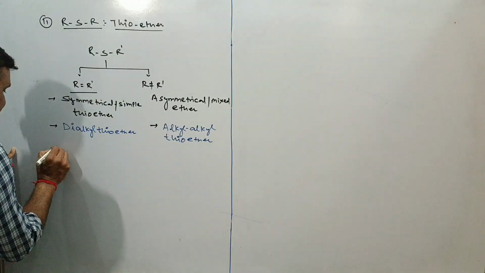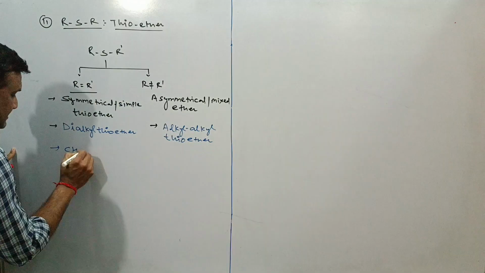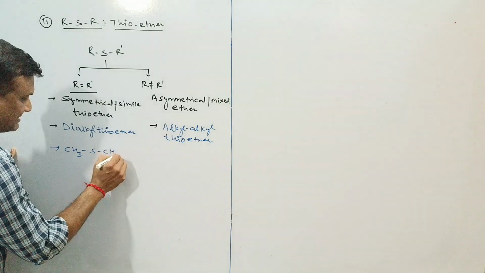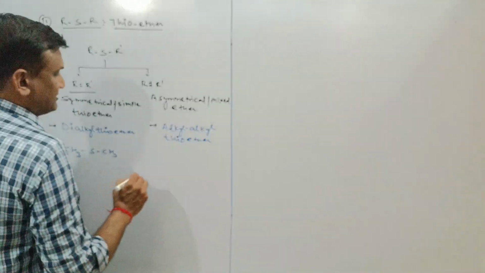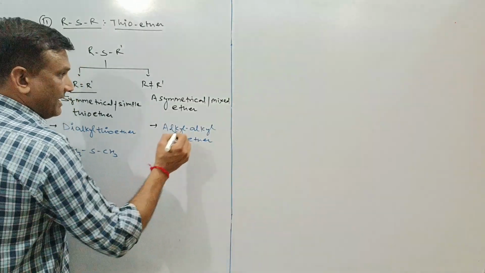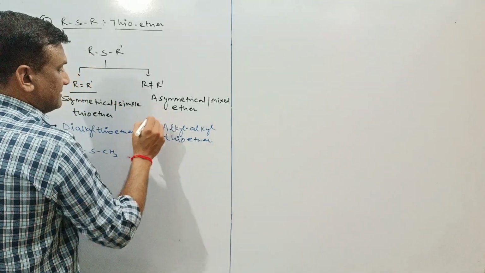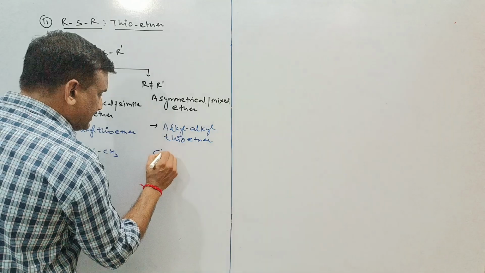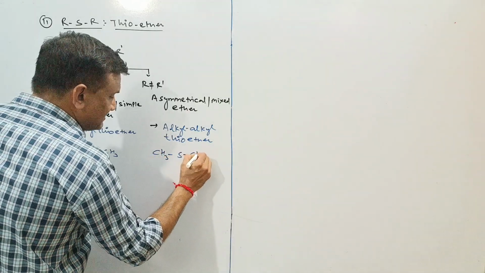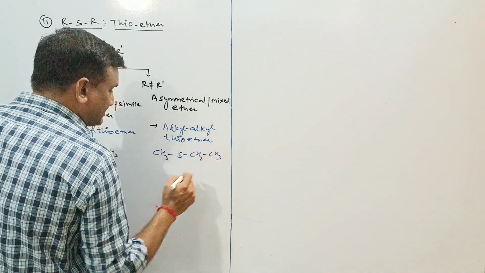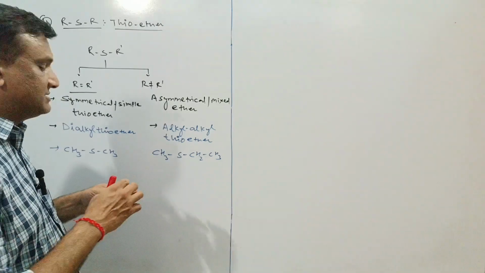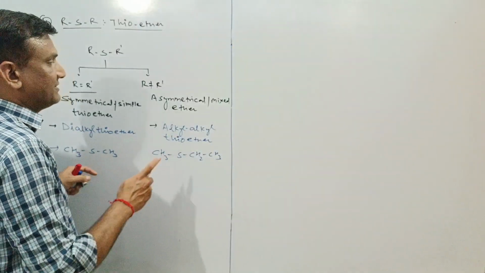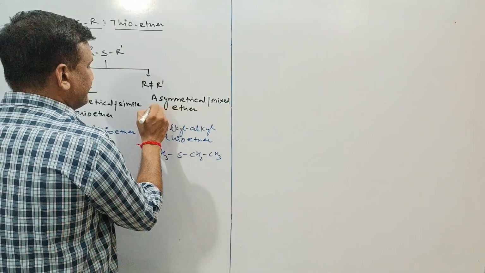For example, we can take CH3-S-CH3 as a symmetrical or simple thioether, and for asymmetrical, we can take the example of CH3-S-CH2CH3. So this was about symmetrical and asymmetrical thioether.